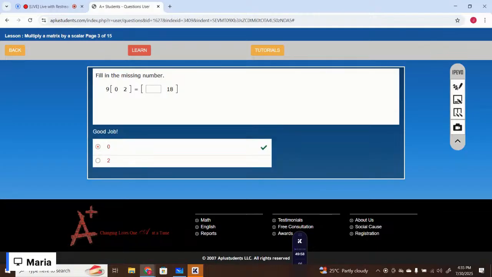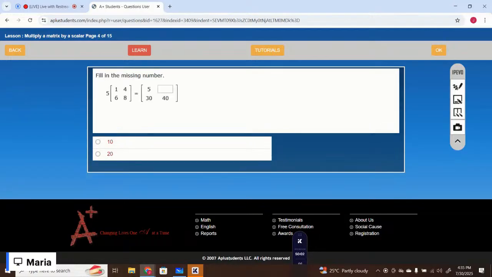So the missing element is 0. The missing one is 20.